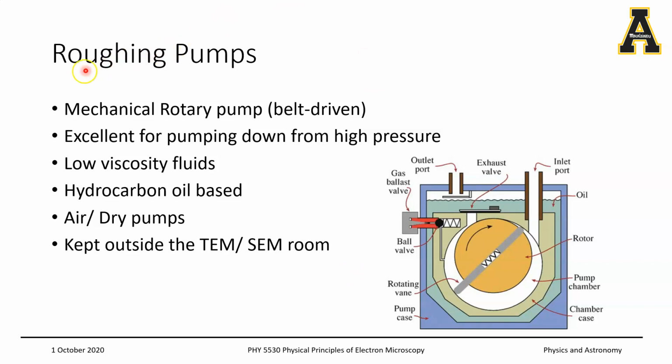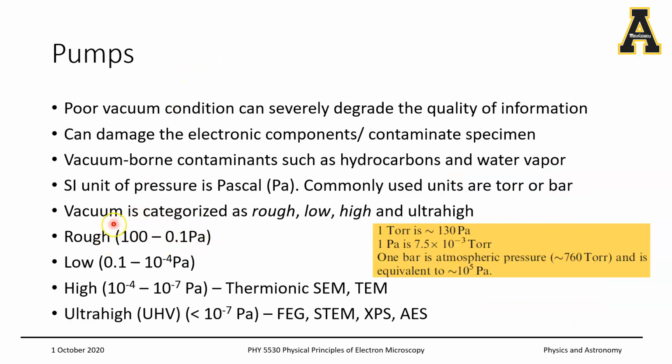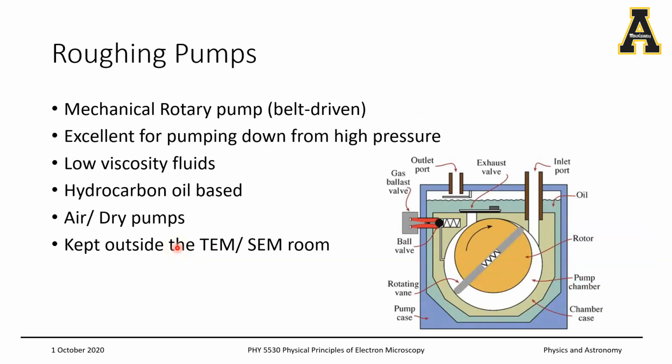The name is pretty straightforward. This is a pump that will give you a rough vacuum, which is categorized within this pressure range. And one of the most common roughing pumps is what is called a rotary vane pump, as you can see here in the schematic. I'll get into that in a bit. These pumps are really good for pumping down from atmospheric pressure. So you're at atmospheric pressure, you've just started pumping.